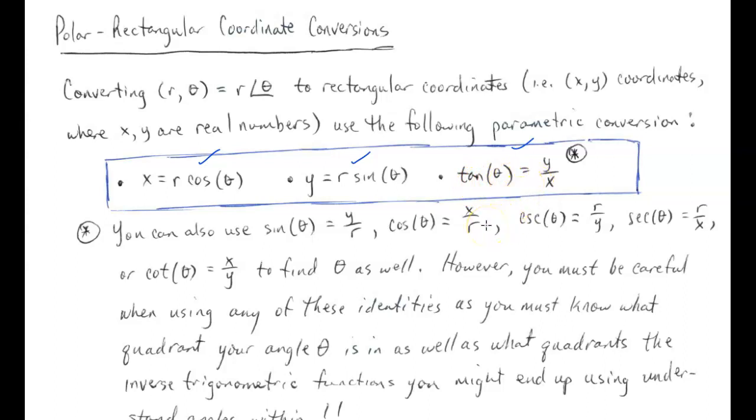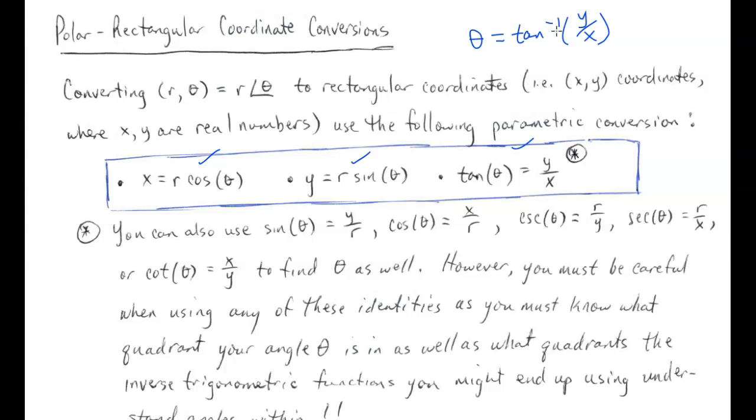The other thing that I want to bring to your attention here is that to find what theta is, we can't just blindly say that theta is going to be tangent inverse or arctan of y over x. We can't always do that, and unless you're in quadrant 1, it's really not going to make a lot of sense.